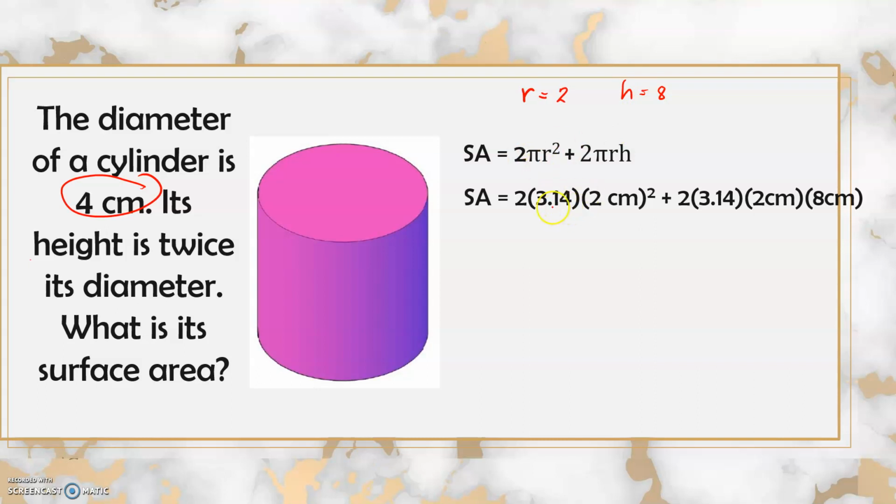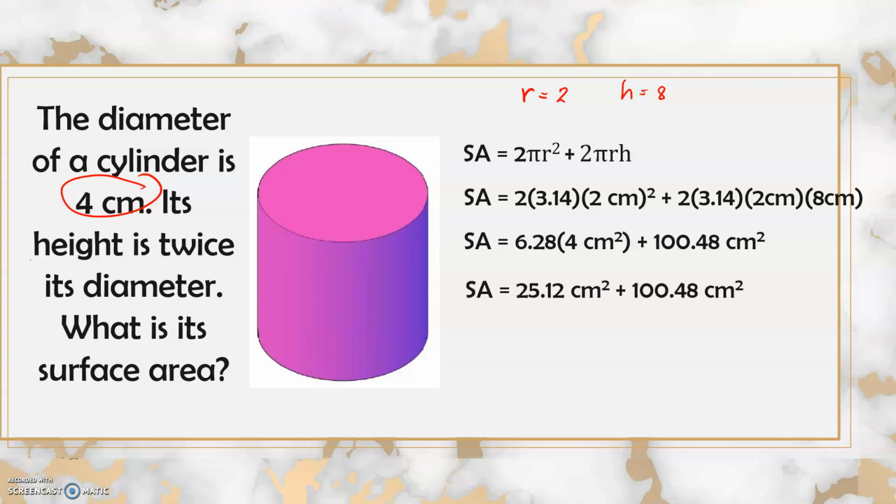So we'll have 2 times 3.14 times 2 centimeters squared plus 2 times 3.14 times 2 centimeters times 8 centimeters. Performing the operations, the surface area of this cylinder here equals 125.6 square centimeters.